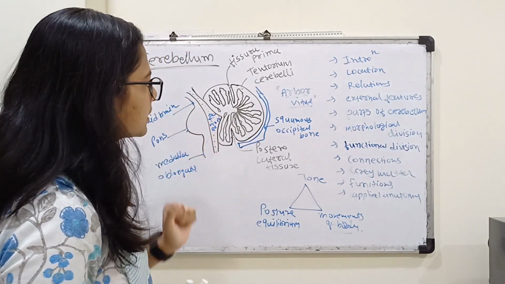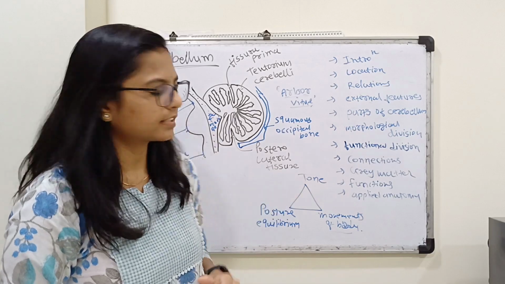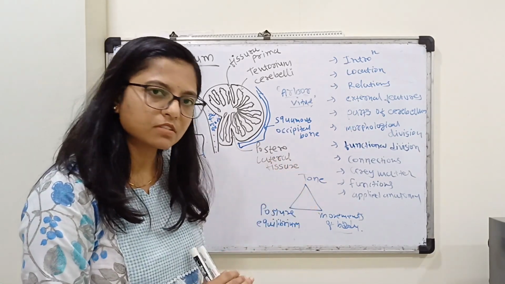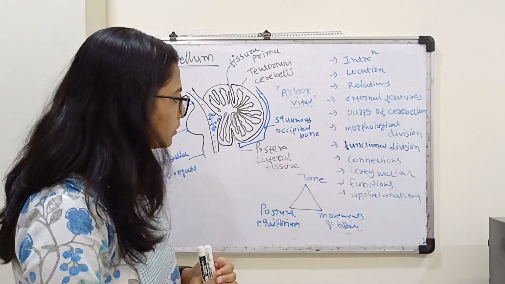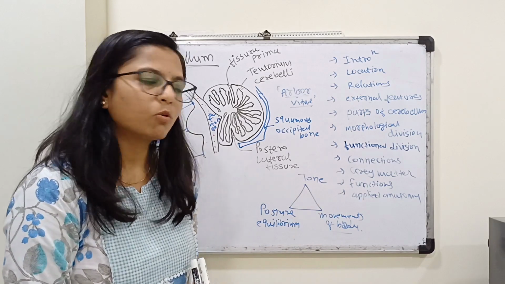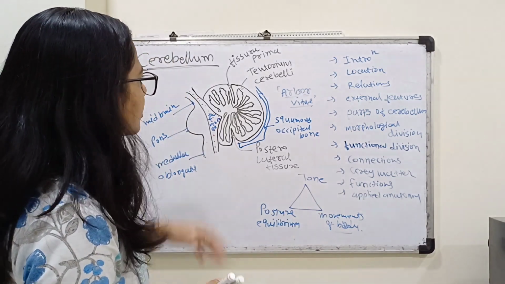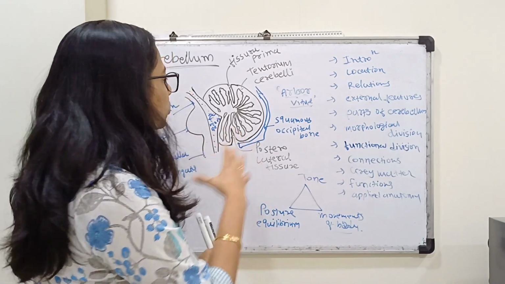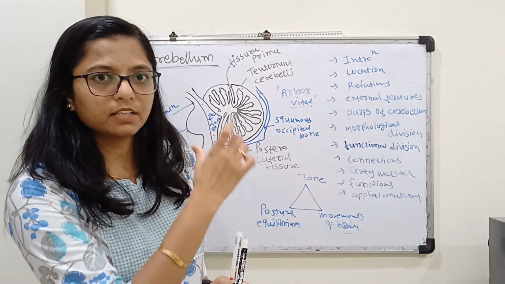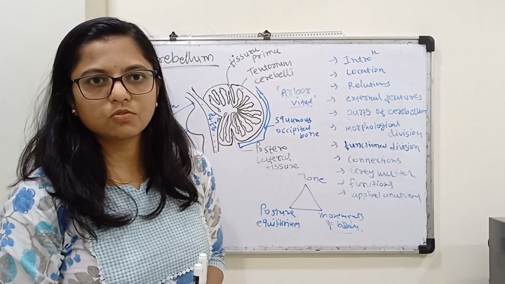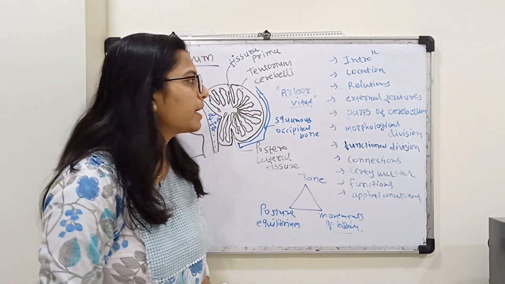Okay, so first thing, whenever we discuss the cerebellum, we have to always remember the three basic important functions: tone, posture equilibrium and movements of the body. Then the structure of the cerebellum is homotypical, that means it is uniform throughout.